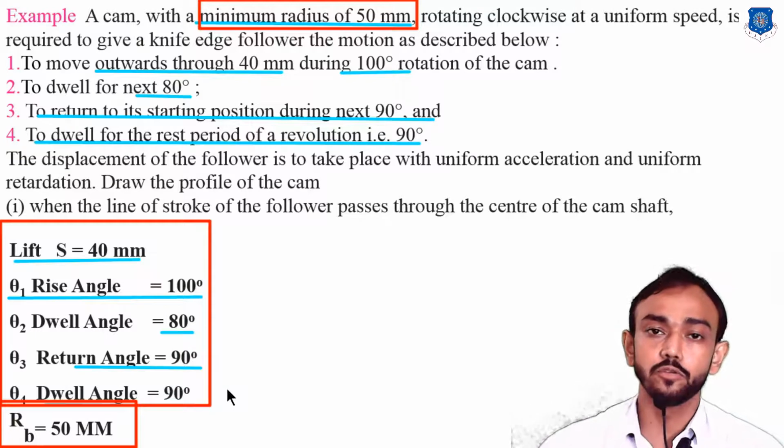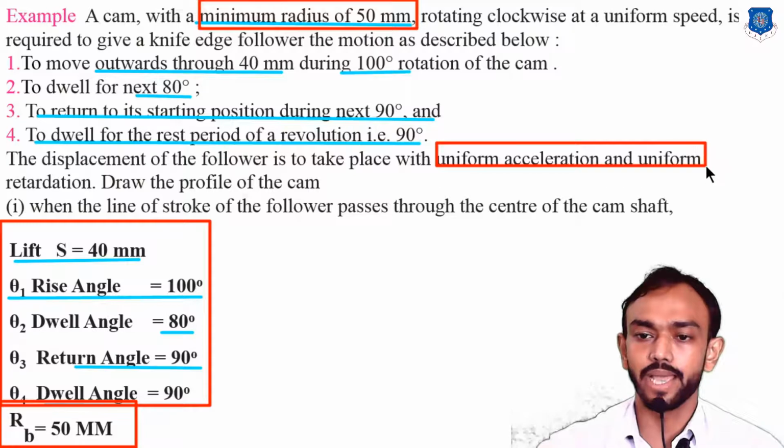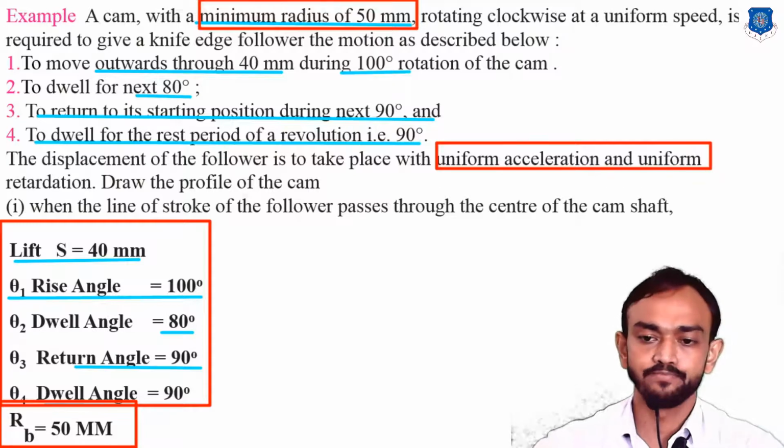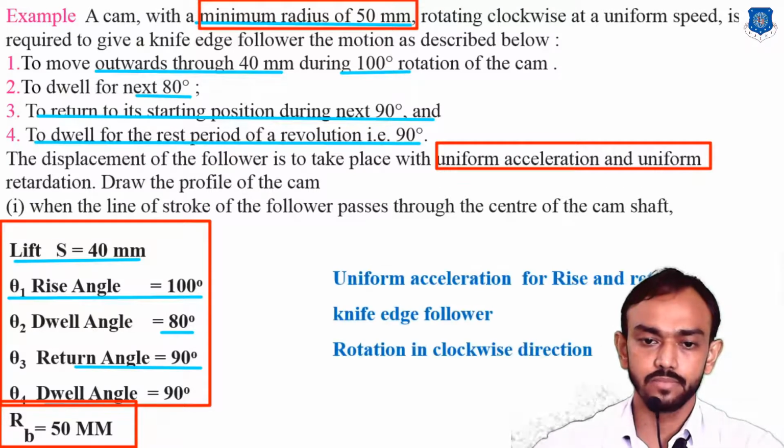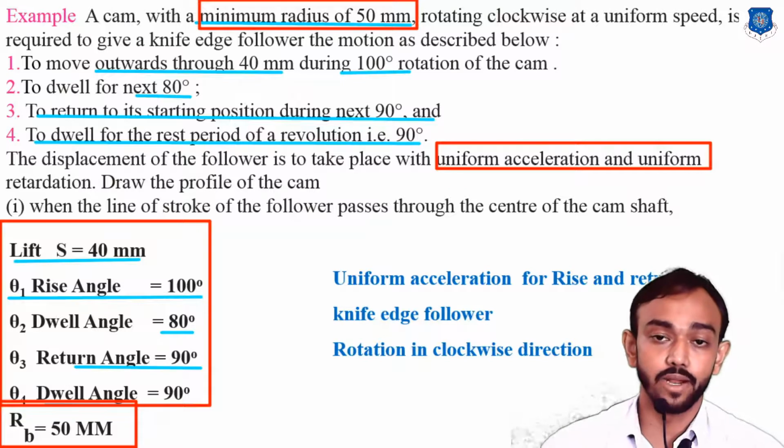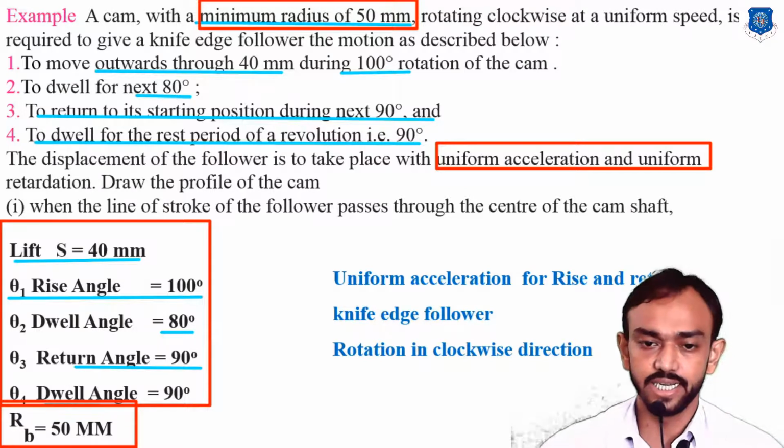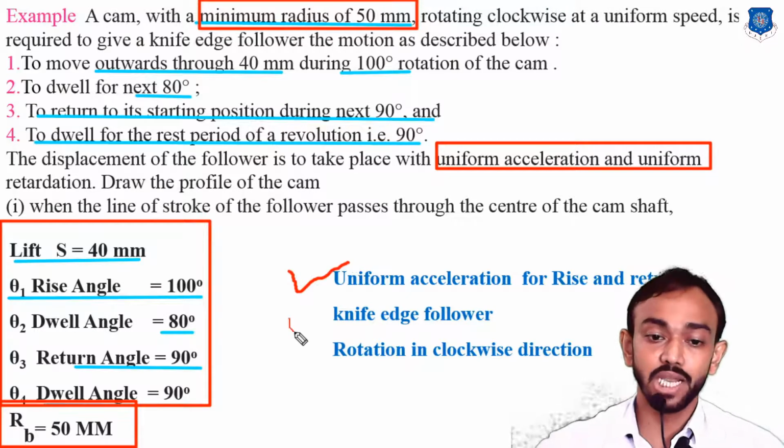First of all we have to check which type of motion is given. You know that uniform acceleration is given. These three data are always required. We have to check the given data; the type of displacement diagram depends on the motion. Then, which type of follower?